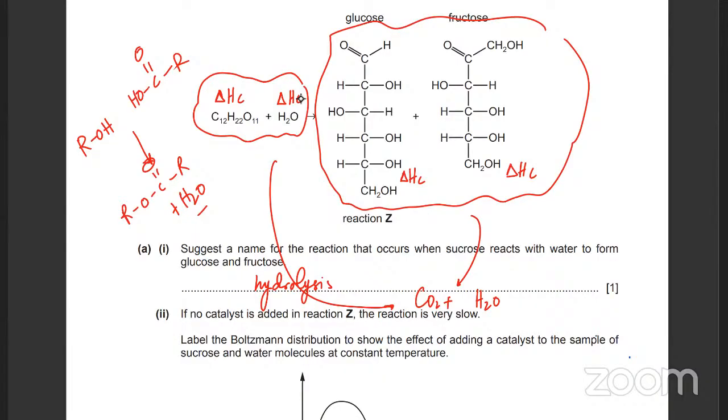So how many carbon dioxides would be produced? It's going to be 12 carbon dioxides, and 11 plus 1, that's 12 H2Os. Again, you get the same amount of carbon dioxide and water produced. So it's the enthalpy of combustion, 1, 1. So the answer would be simple.